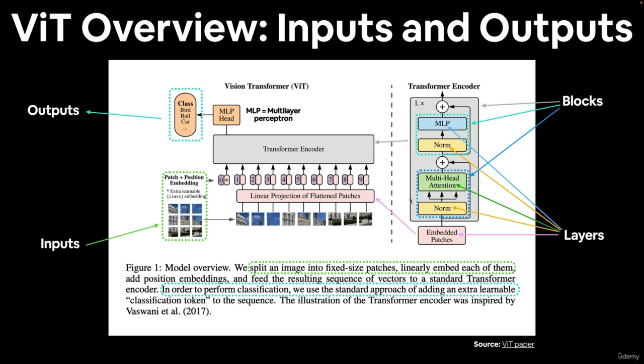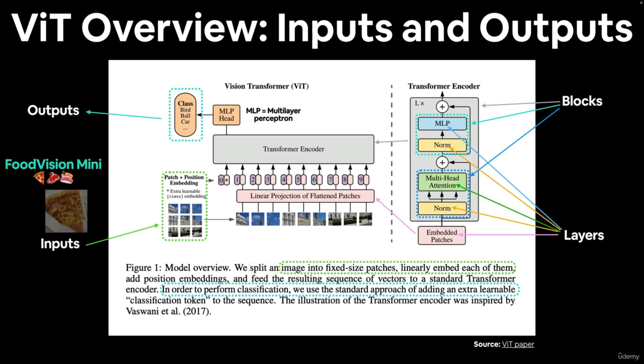And so within this transformer encoder, it is a block in itself comprised of other blocks. And then we stack together, this is that LX, multiple blocks of the transformer encoder to create the overall model. So a lot going on here, but we've broken this down into inputs and image. The image goes through a series of layers and blocks, and then we get our outputs.